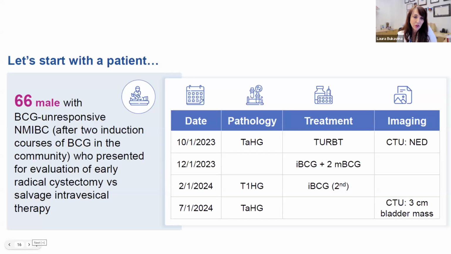He underwent CT imaging showing no upper tract lesions, failed BCG, had restaging imaging, failed again with T1 high grade at this time, underwent second induction BCG, and unfortunately failed shortly after within 5 months. So a very early recurrence post-second induction where he was found to have a T1 high-grade tumor. So this is a patient that at this point, I see after their diagnosis of TA high-grade after their second BCG failure. Next slide.